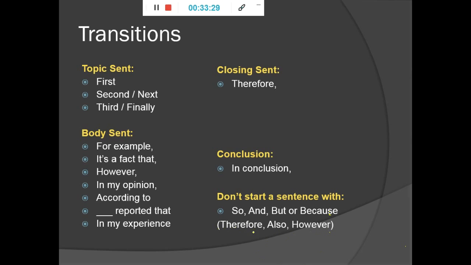Okay, so here's some examples. Therefore, also, however, and when we use because, we would write a sentence like, I wore my coat today because it is cold. So that would be one whole sentence. Don't put a period in front of because.